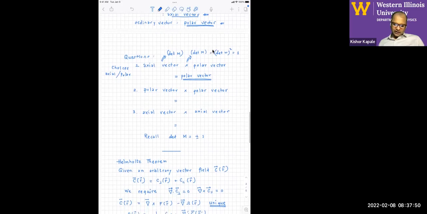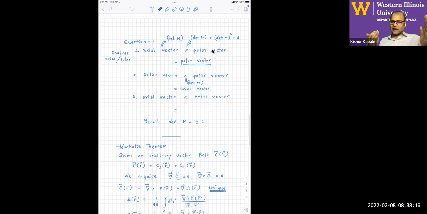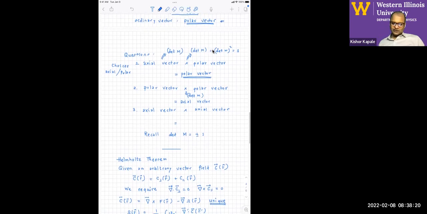So this is how you want to check. Now let's take a look at this one. A polar vector has no factor of determinant. The cross product here would have a factor of determinant M, and this other polar vector would not have any factor of the determinant. So you have only one determinant left, which is like an axial vector, and it will transform like an axial vector. It's nice that only one factor of the determinant matters.